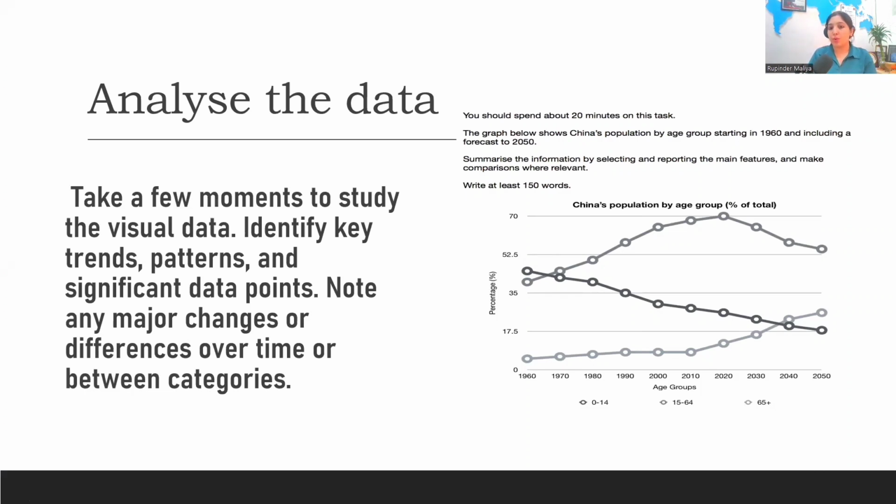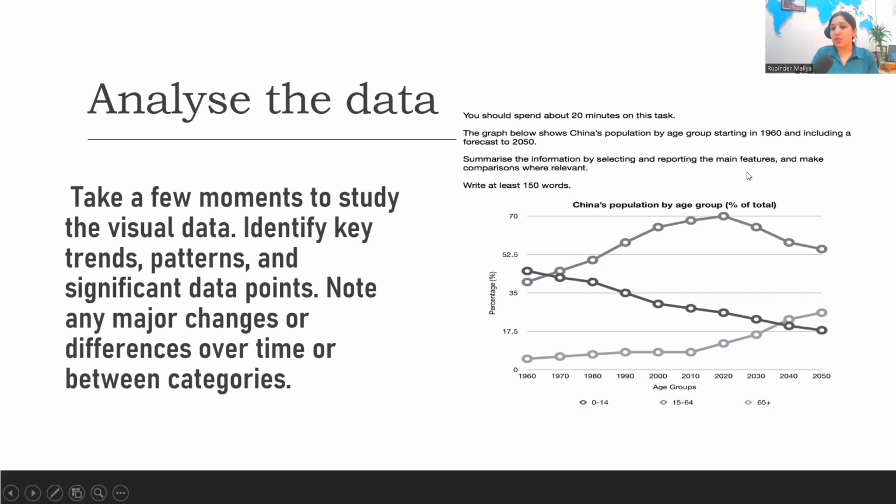Here is a graph, shows China's population by age group starting in 1960 and including the forecast to 2050. So we are seeing different age groups here. Their percentages given on one side, and then starting from 1960 and the forecast to 2050.